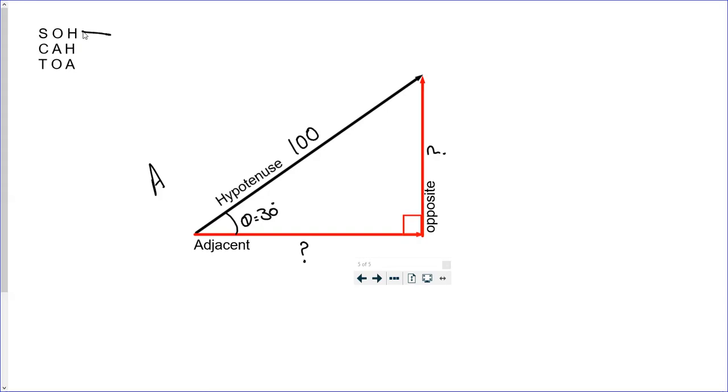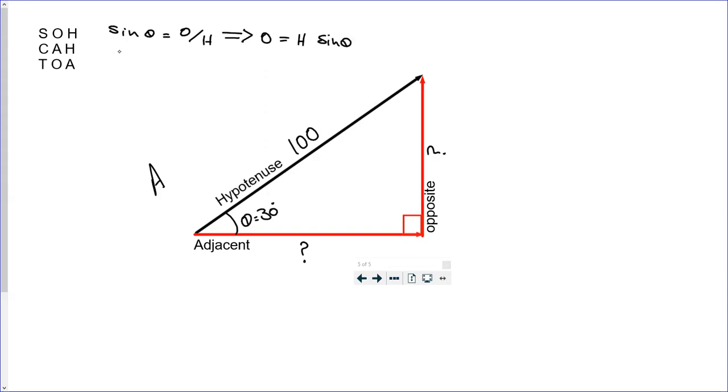So from the formula we have written on the top, sine theta equals opposite over hypotenuse, and this leads to opposite equals hypotenuse times sine theta.